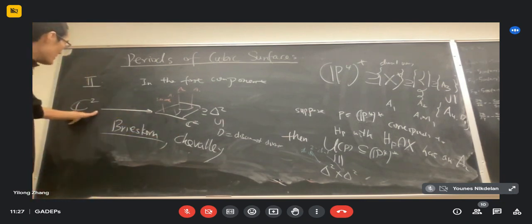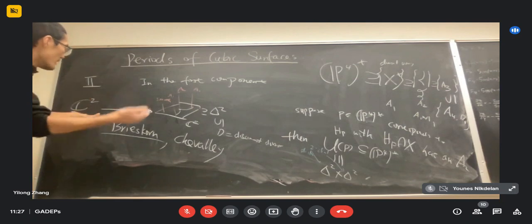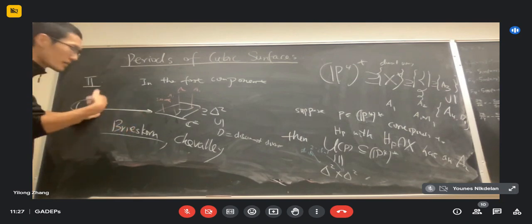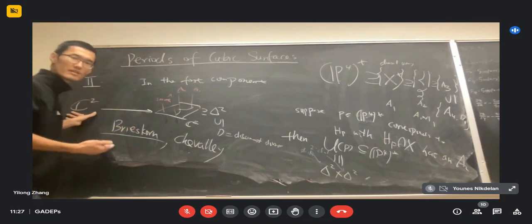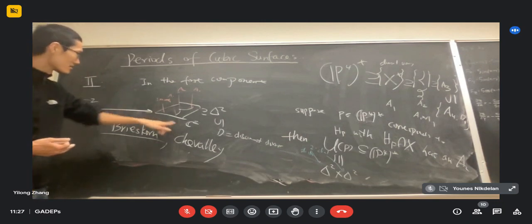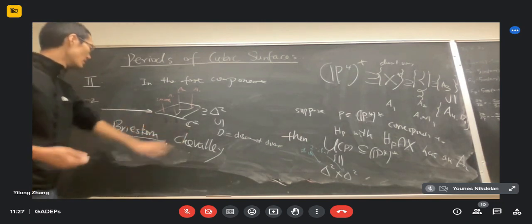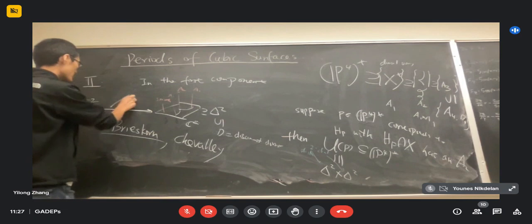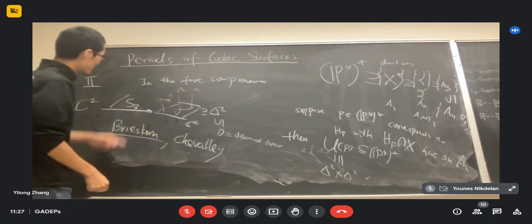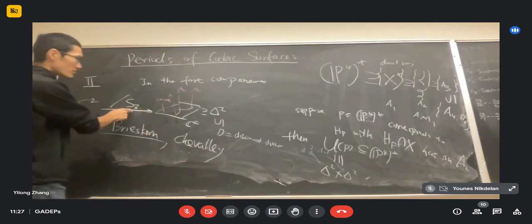In other words, you can find some finite group action on the affine space whose quotient is still an affine space, C2 to C2. This quotient is by the symmetric group of order 3, which is the Weyl group of A2.